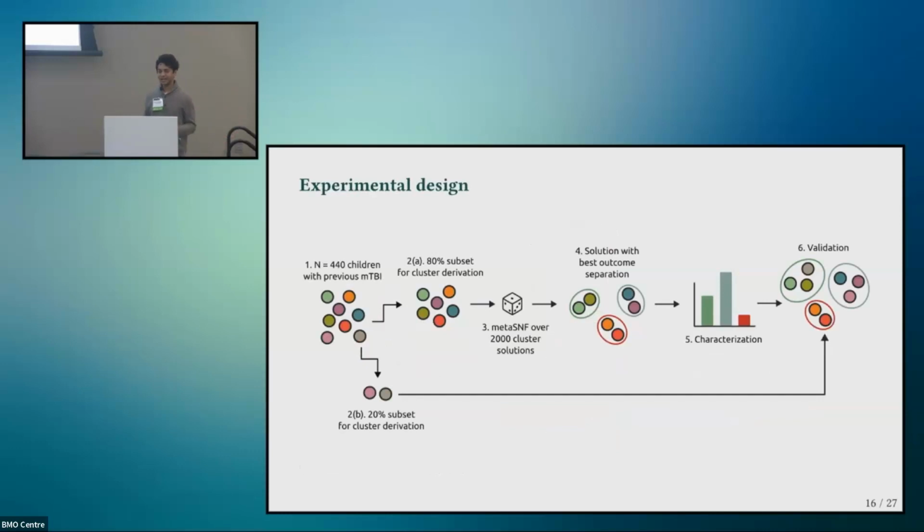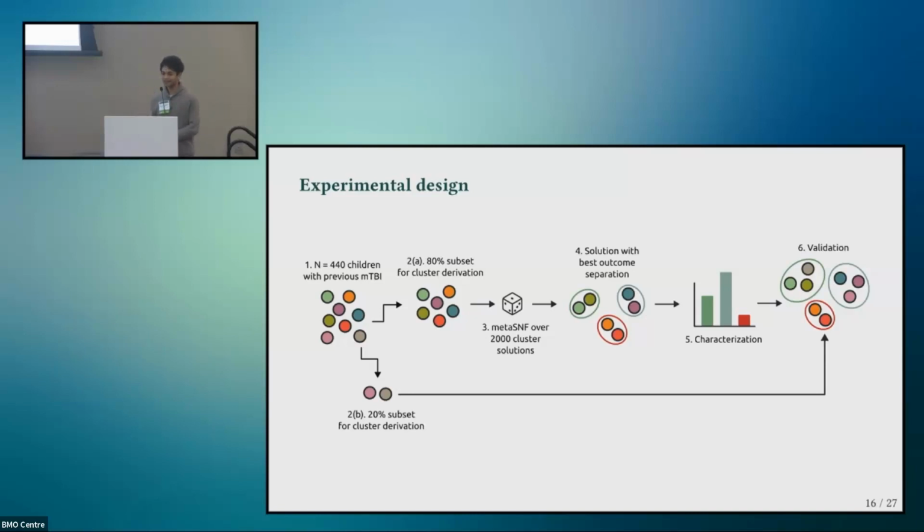So the experimental design that I'm using here is to take the 440 kids in the ABCD study who have had a concussion prior to baseline data collection. 80% of them go through this meta-clustering procedure, and we specifically pick out the meta-cluster that has the best separation of groups across our outcome measures, the ones that weren't involved in the clustering, so that's the child behavior checklist and the sleeping problems.